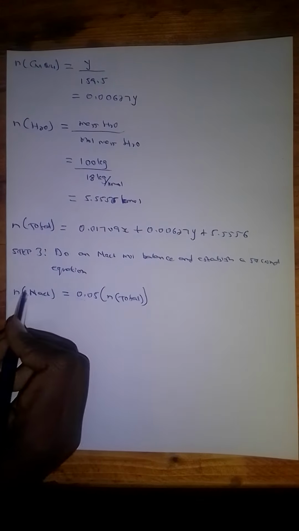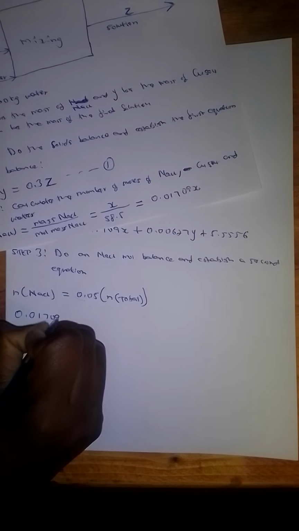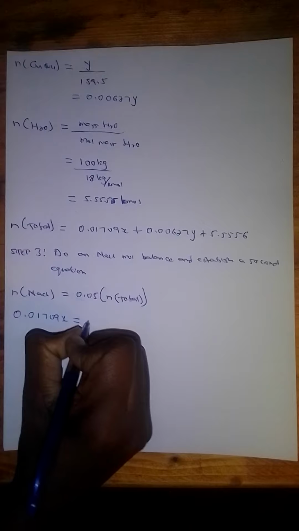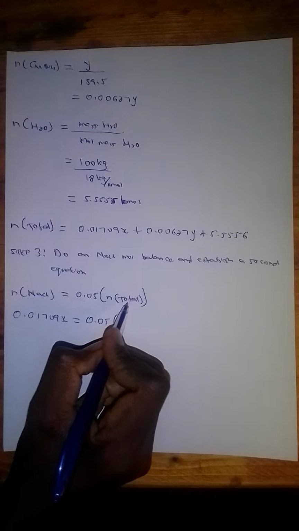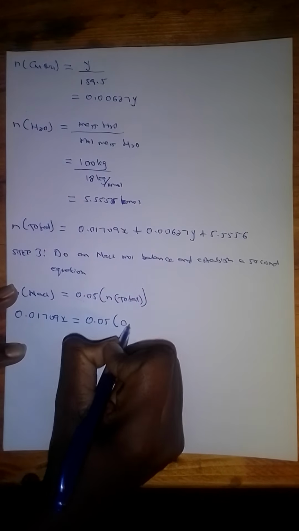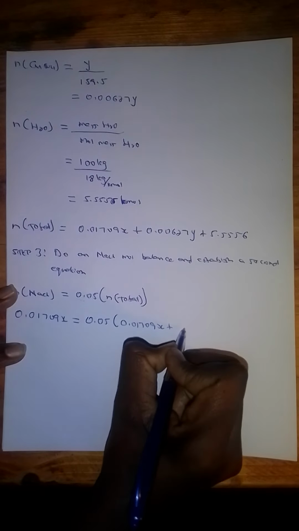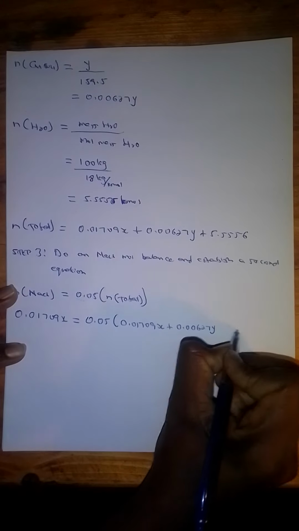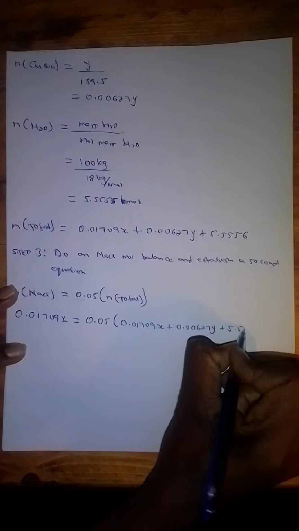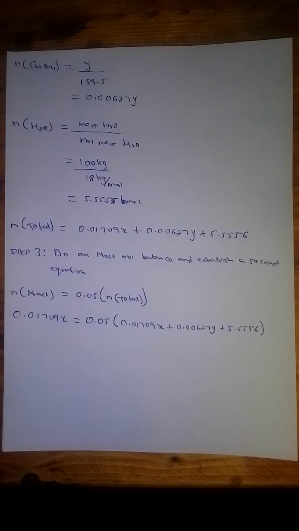We calculated the number of moles of NaCl to be 0.01709x, which is equal to 0.05 times the total number of moles, which is 0.01709x plus 0.00627y plus 5.5556. So this is basically the NaCl mole balance.